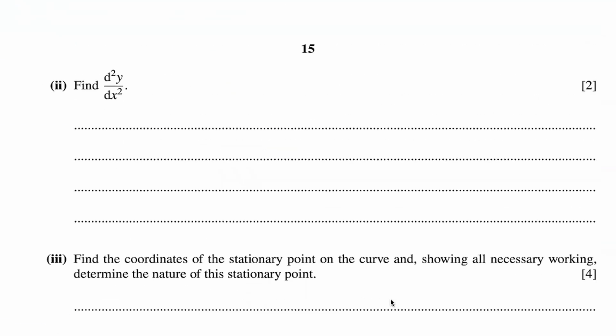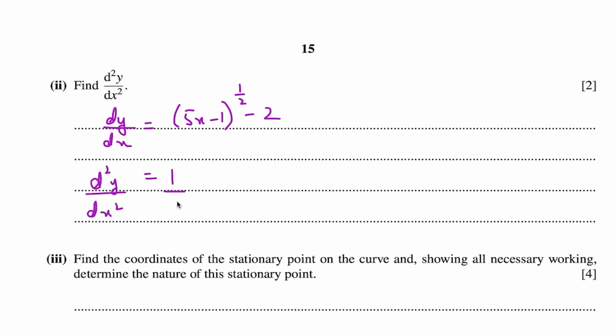Now in part 2, we have to find the double derivative. So dy/dx is equal to (5x minus 1) to the power 1/2 minus 2. Differentiating this, we get half times (5x minus 1). We decrease the power by 1, so this will become minus 1/2.